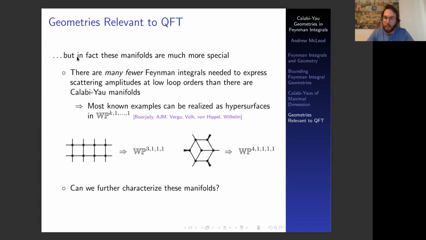So I should have said that actually in these two specific cases, we did not do it by direct integration. We used a different method. What we did is we started with a 2L-fold rational Feynman parameterization, and then just took as many residues as we could, because it turned out to be too hard to do the direct integration. So this is not a surefire way of identifying irreducible geometries.